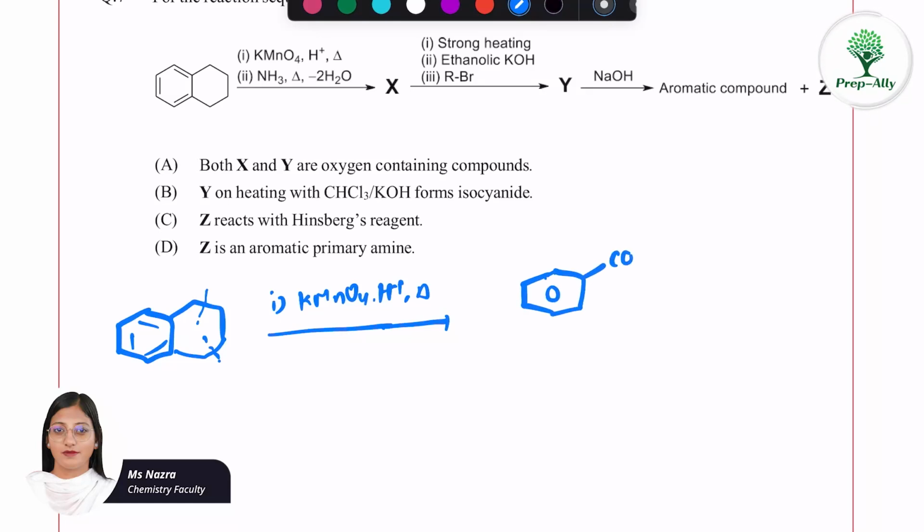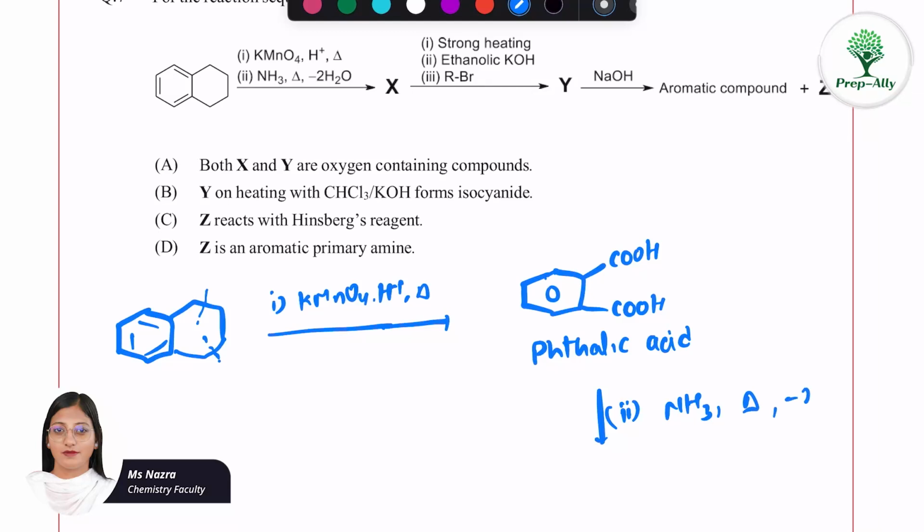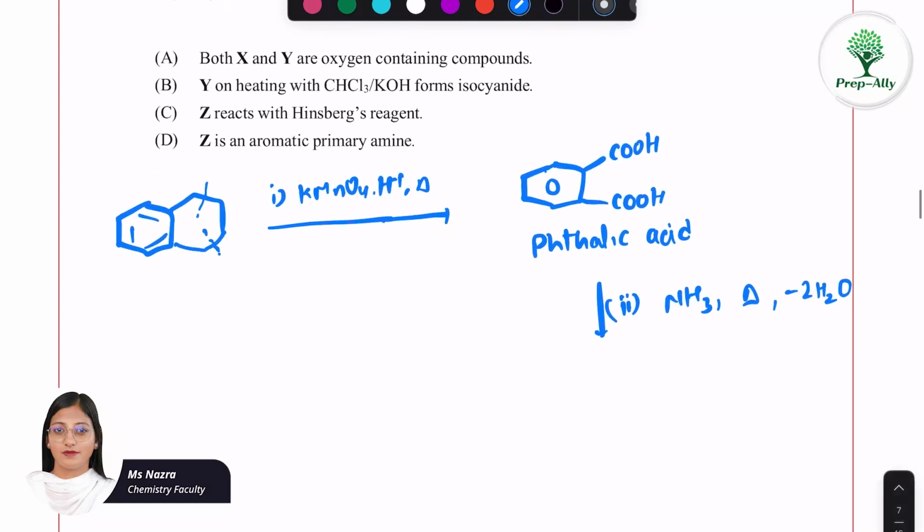Its name is phthalic acid. Now next we are adding ammonia and heating it, and the examiner itself has said that you have to remove two water molecules. Let's see how the reaction will happen.